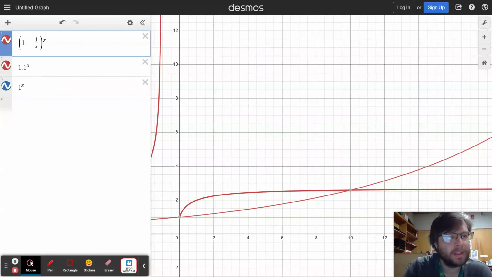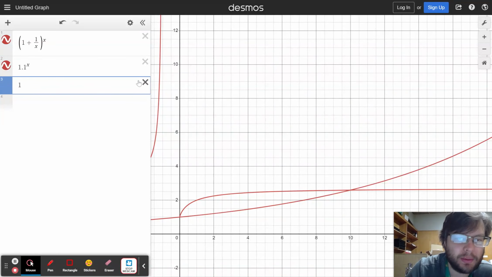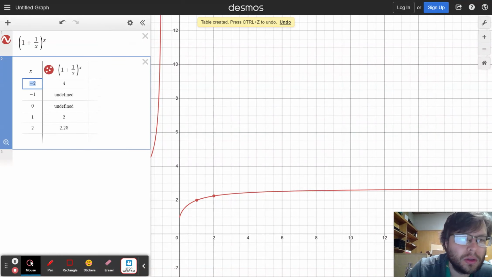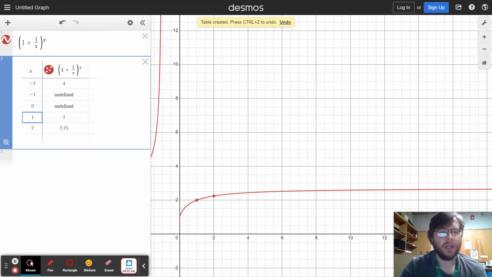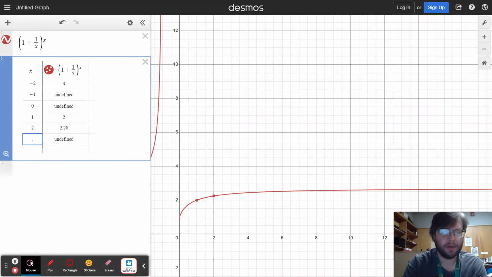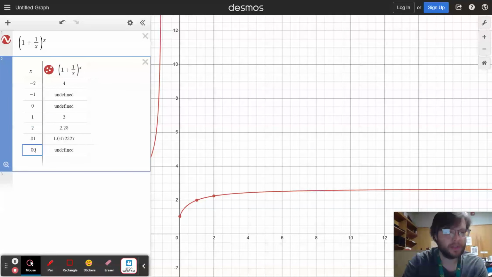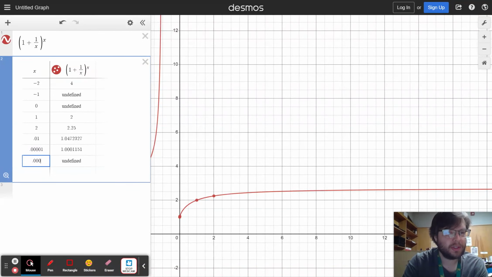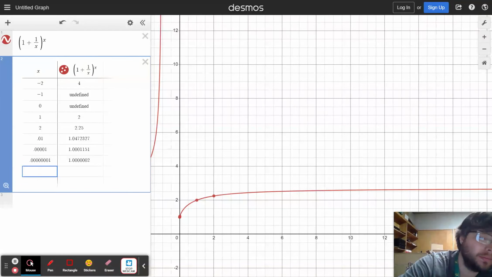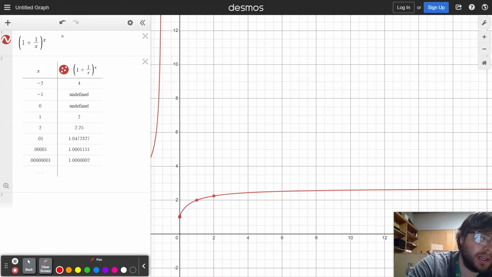Okay. Let's look at the table of values like we did in the other ones. If I make x into a small number, 0.01, 0.001, same sort of thing. I just get values that are close to 1. Maybe not too exciting about that. Small values of x are close to 1.